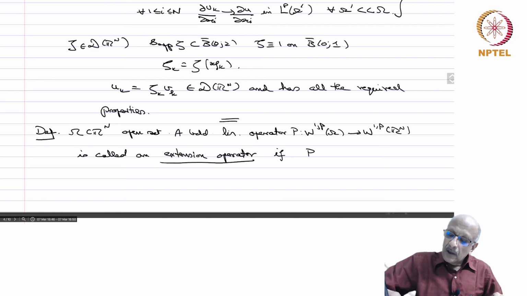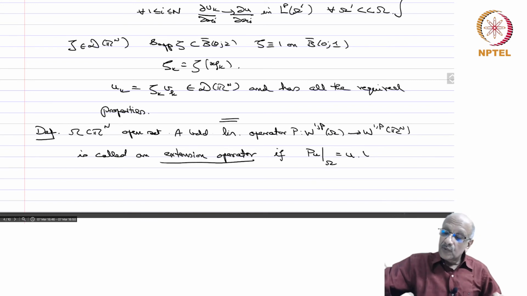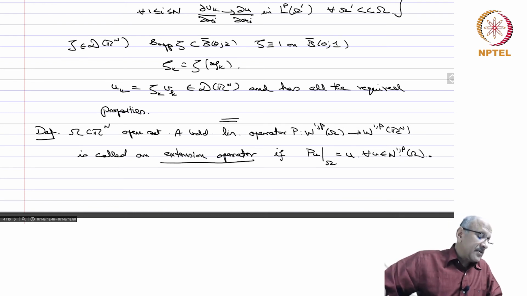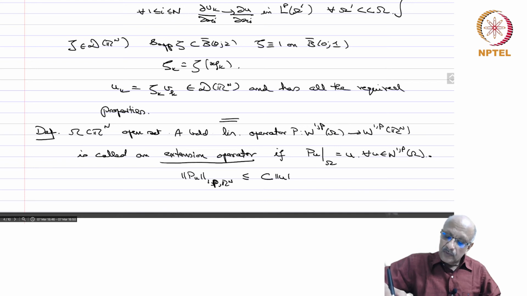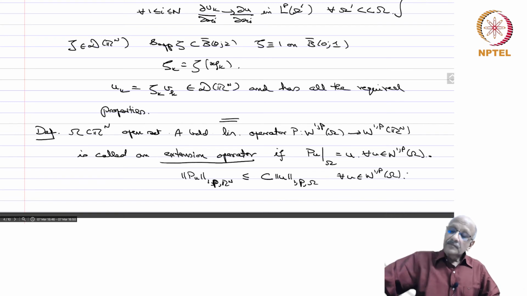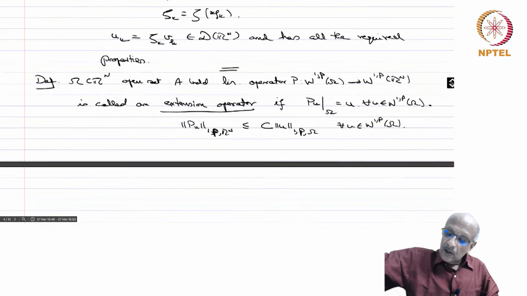So, Pu restricted to omega equals u for every u in W^{1,p} of omega. So, this is the notion of an extension operator. Note that you have norm of Pu in W^{1,p}(Rn) is less than or equal to some C times norm of u in W^{1,p}(omega) for all u in W^{1,p}(omega). This is the condition that it is a bounded linear operator.